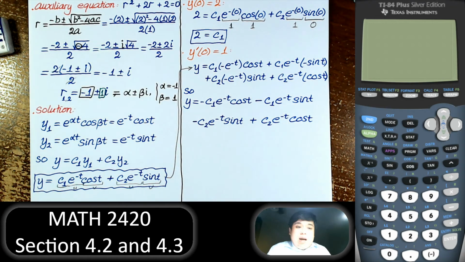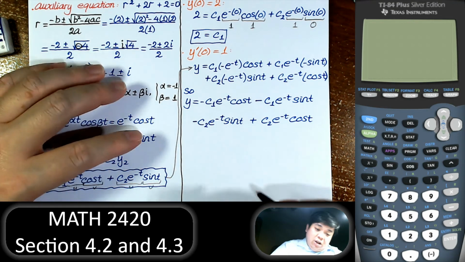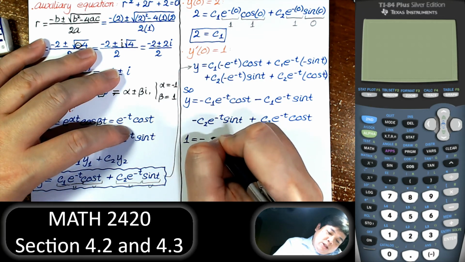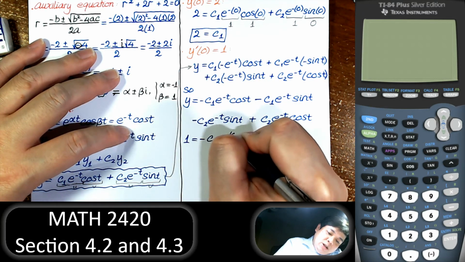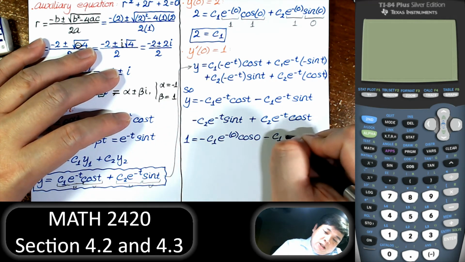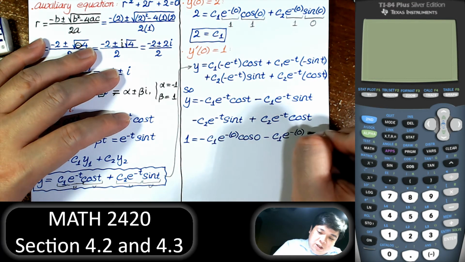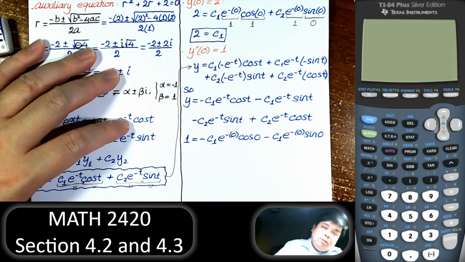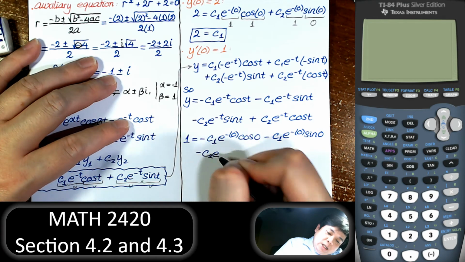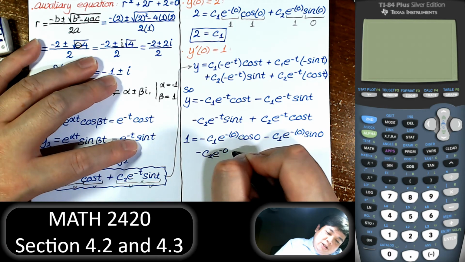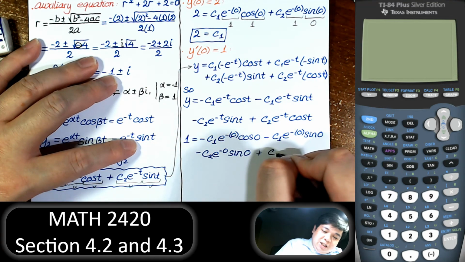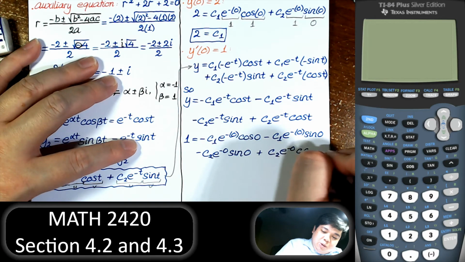Now put in the numbers, 0 and 4 t, and make that equal to 1. So 1 equals negative c1 e to negative 0 cosine of 0, minus c1 e to negative 0 sine of 0, minus c2 e to negative 0 sine of 0, plus c2 e to negative 0 cosine of 0.